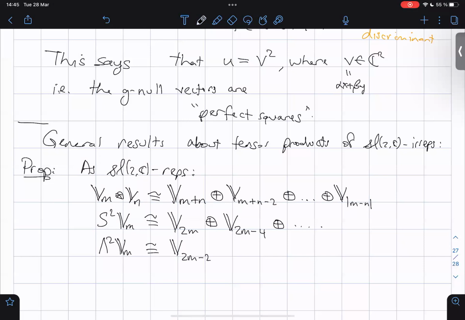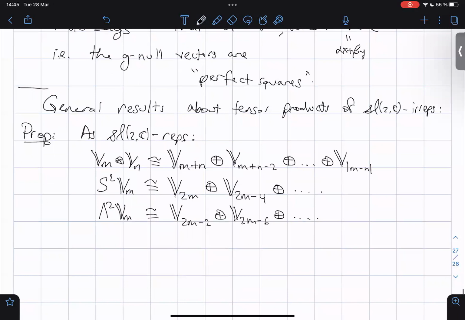So the top one is 2M minus 2. Again, it's a drop by 4. These are nice exercises to go through, and you see the complexity as well as how combinatorics figure in, working out what's happening with all these weights to identify each of these factors in the decomposition.